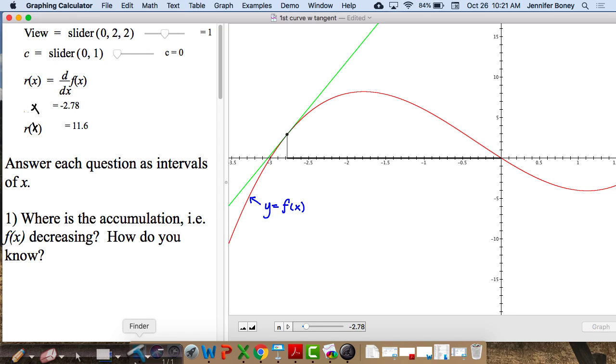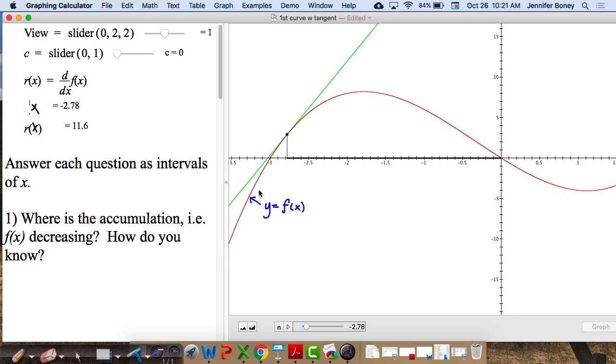Where does it change from increasing to decreasing or vice versa? What's one x value where it changes?